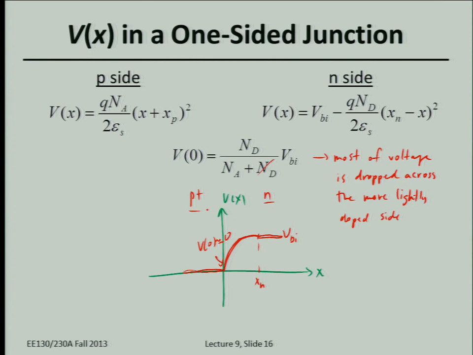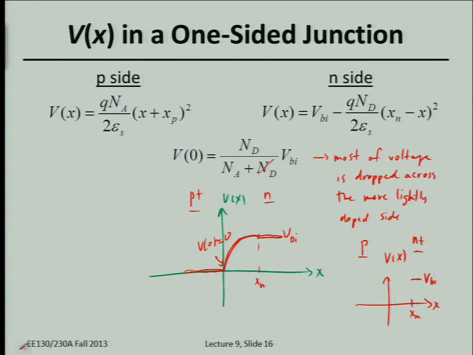Now, conversely, if ND is much greater than NA, what will it look like? If we have PN plus, we know it has to reach VBI at XN. Well, hold on.